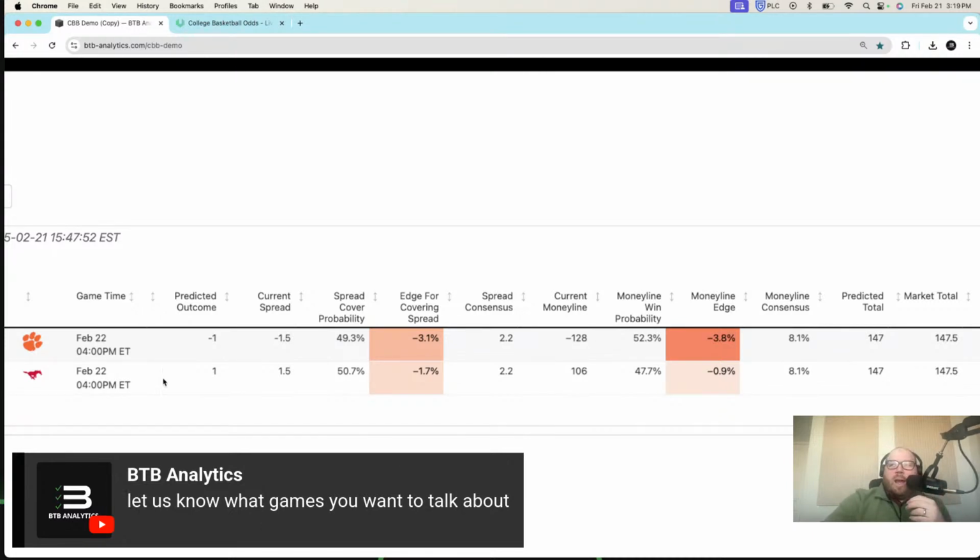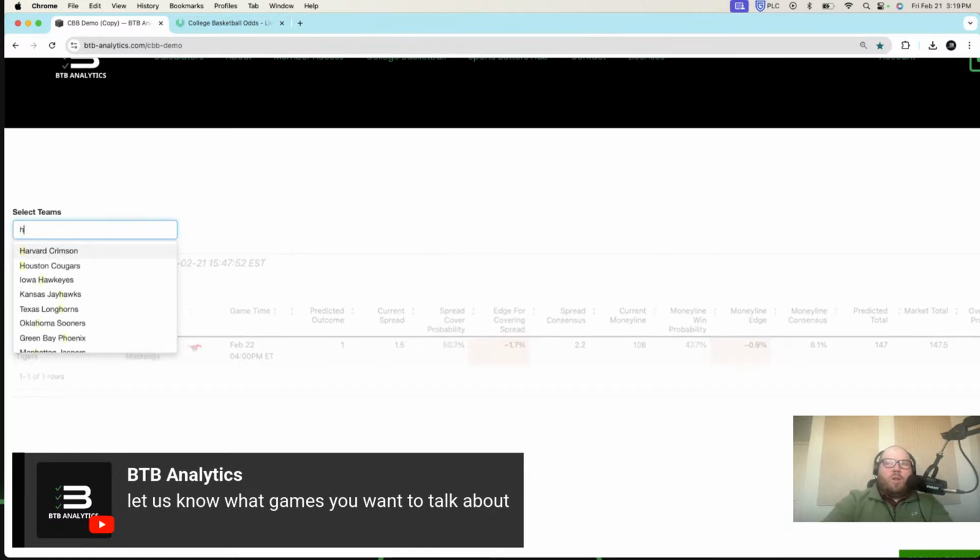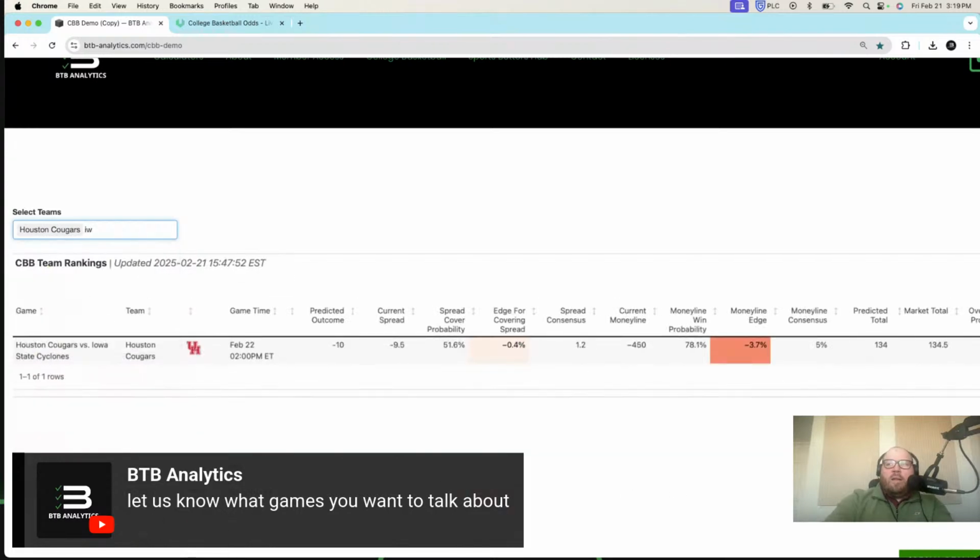Iowa State +9.5. No. Well, actually, I don't know if the market's moved on this. When it opened, it was at 8, I believe. Yeah, now it's moved. Let's take a look here. We made this thing open at 8. I think we made 8.5 or something like that.